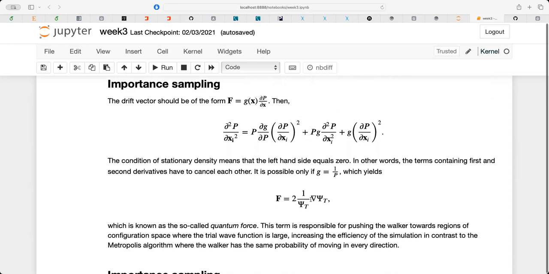We need the Laplacian and we need the gradient of the wave function. And when we have this more complicated interacting piece, then these gradients become nasty to calculate and error prone. But we will still stay with just a plain harmonic oscillator, which means that the calculation of the gradients is pretty simple.